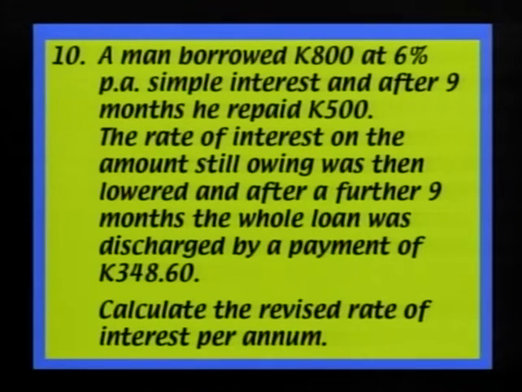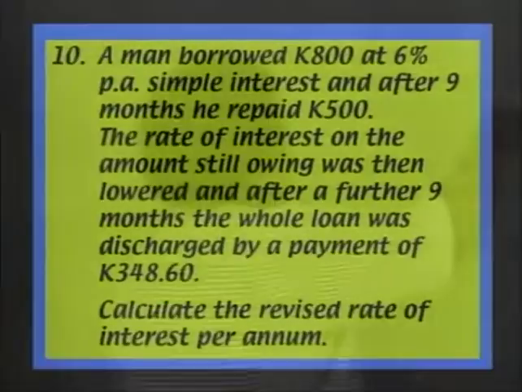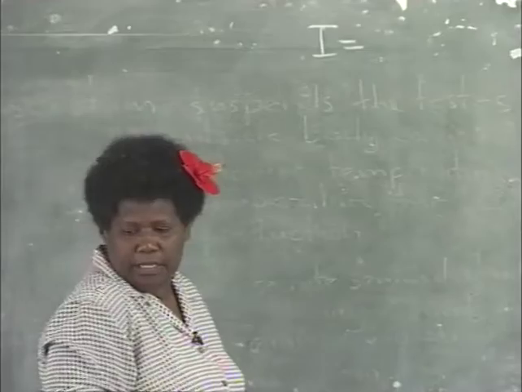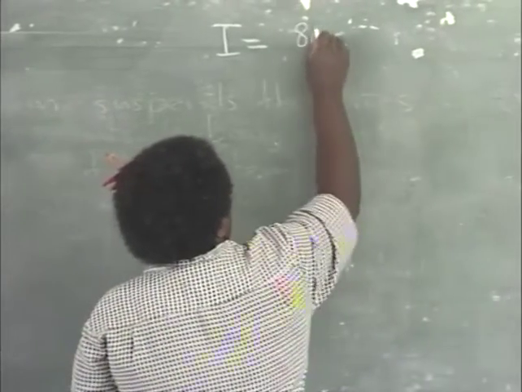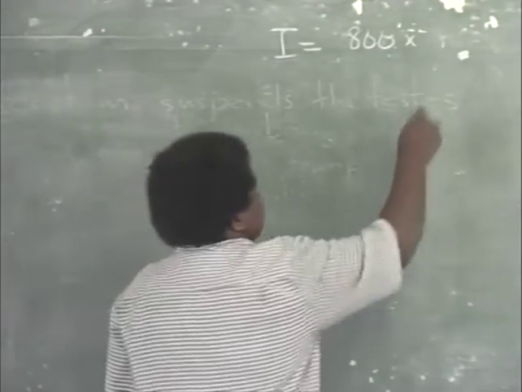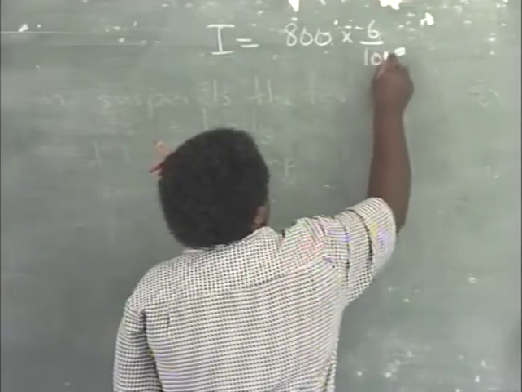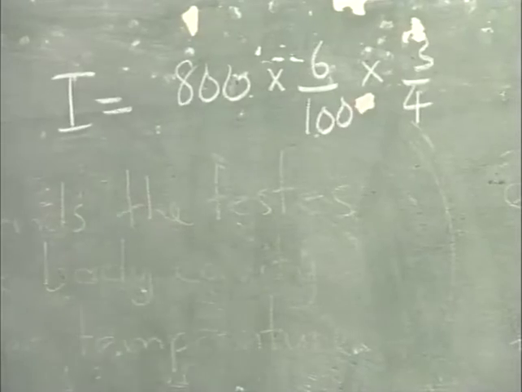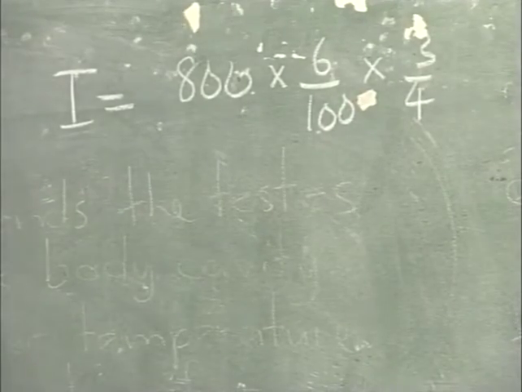So we have to find the interest in 9 months. So interest will be, the principal is 800, that's the amount that was borrowed, multiplied by the rate, which is 6%, and multiplied by the number of years, which is 9 months, and 9 months is the same as 3/4 of a year.